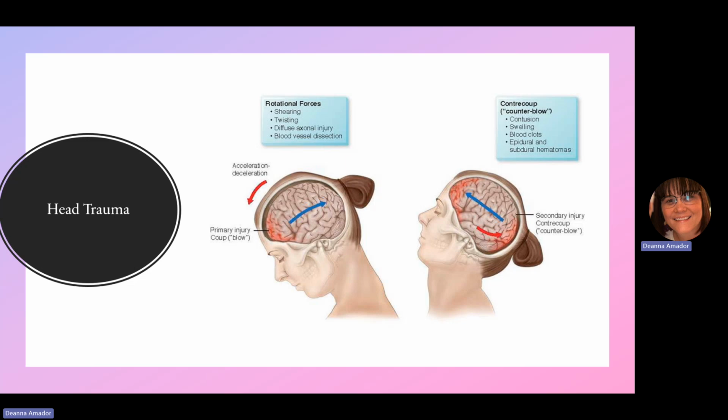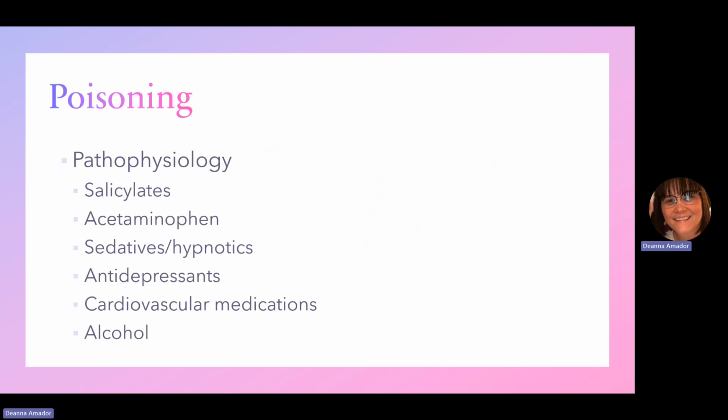Let's go into poisoning. So, with poisoning, obviously, it could cover a lot of things. The most common poison exposures are due to analgesics, cleaning substances, cosmetics, foreign bodies, plants, sedative hypnotics, antipsychotics, and cough and cold medications.